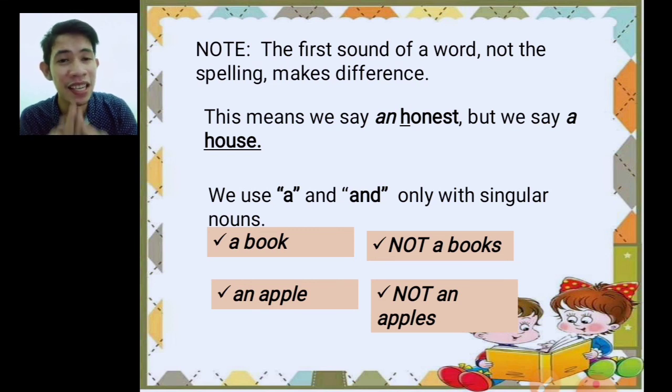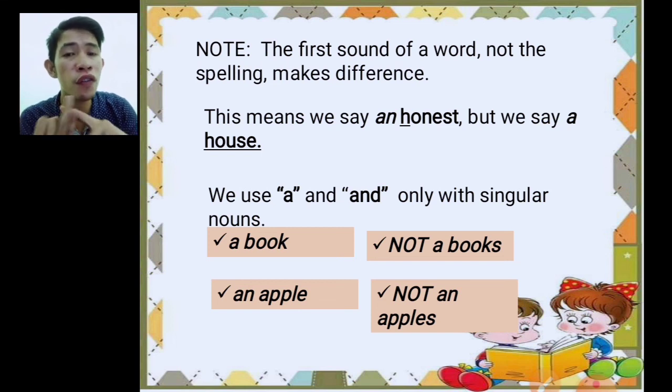Is that clear? Now we use article a if the first sound of the word is a consonant sound. Unlike an, we use an if the first sound of the word is a vowel sound. So that is their uses and their functions.